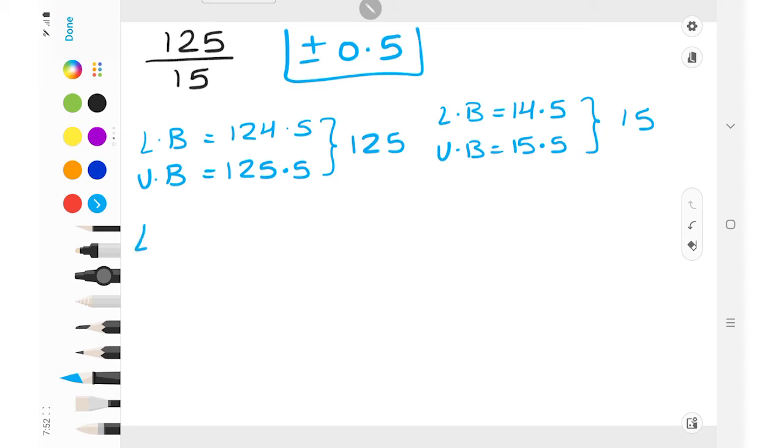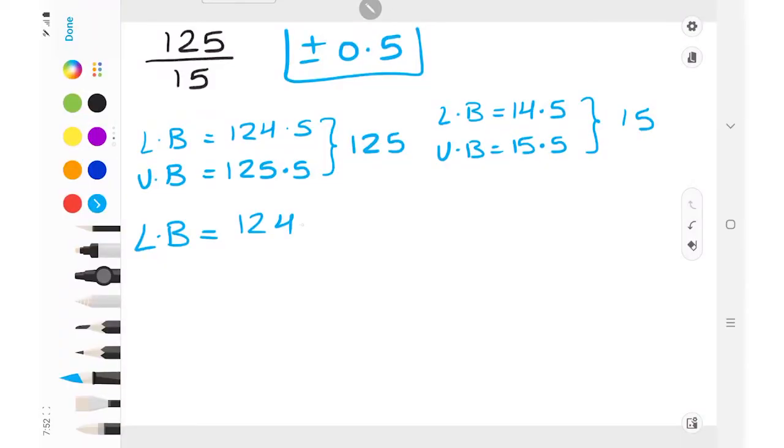Now for the total calculation, I want the lower bound of 125. So my first number will be the lower bound, and my second number will be the opposite, the upper bound, 15.5.